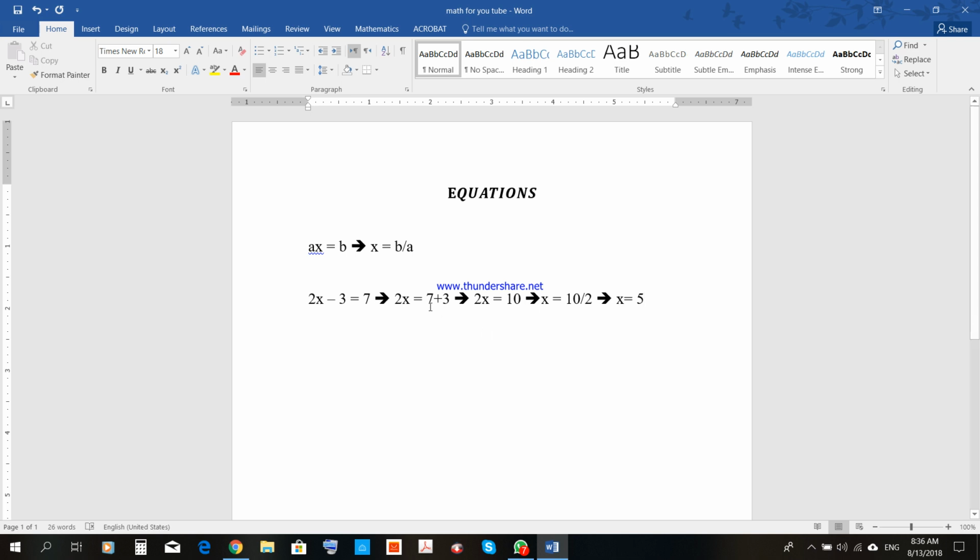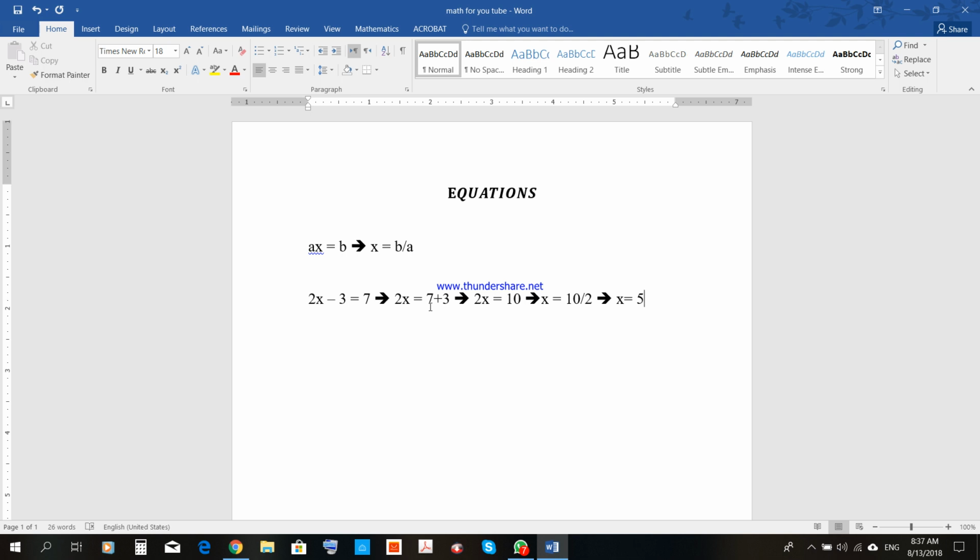With respect to the number that is at the right of the equal, leave it without changing its sign. We must change the sign only for the numbers that come to the right.